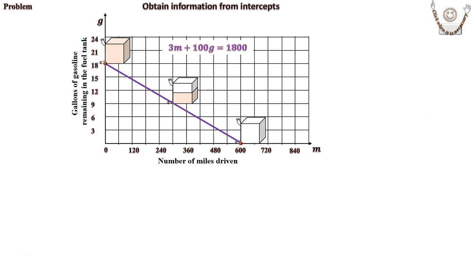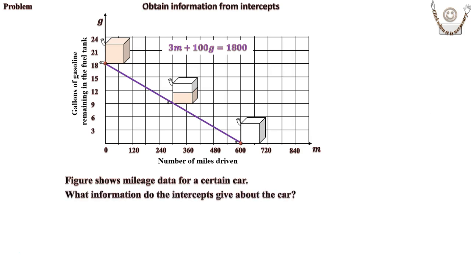Problem. Obtain information from intercepts. We have a graph and the figure shows mileage data for a certain car. What information do the intercepts give about the car? First of all, let's look at what we have on the horizontal axis. Number of miles driven. And what do we have on the vertical axis?